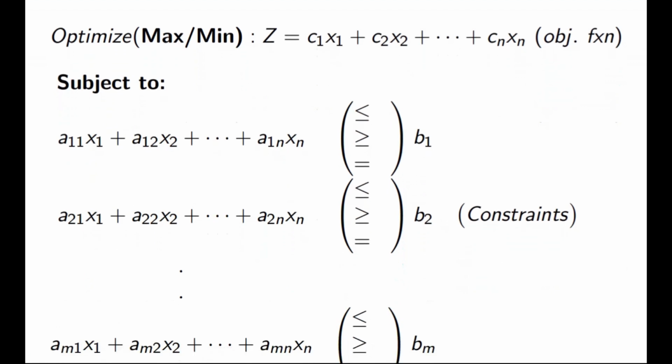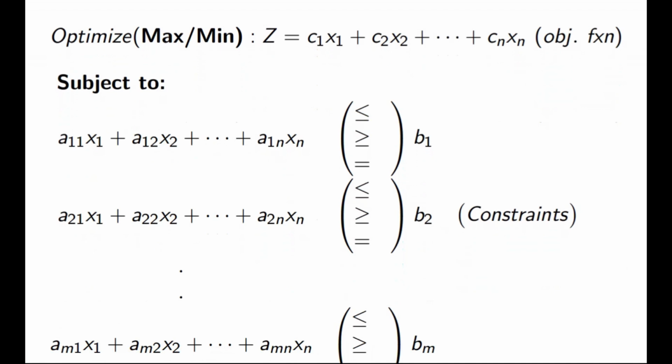Optimize, subject to a11 x1 plus a12 x2 plus all the way to a1n xn, that is b1.